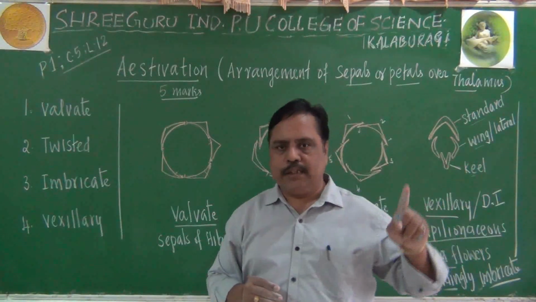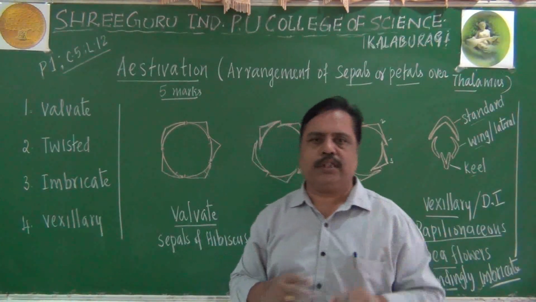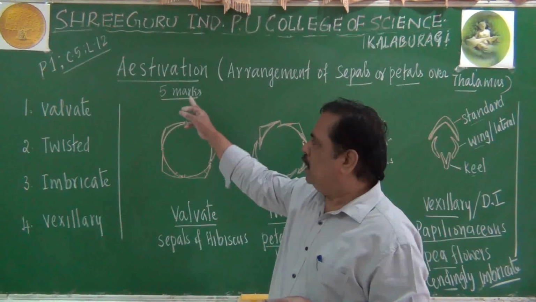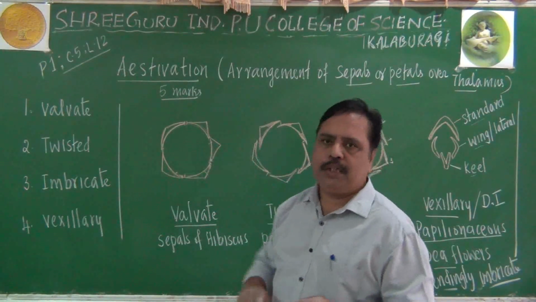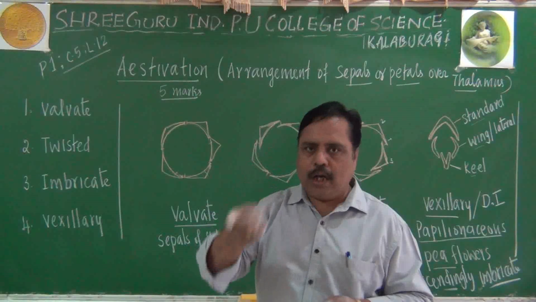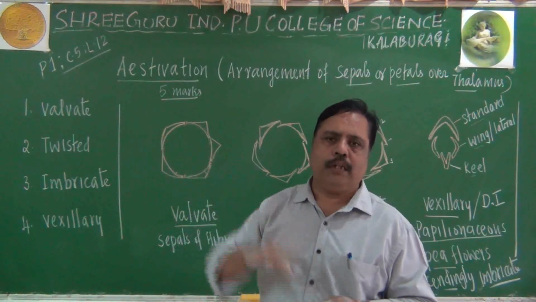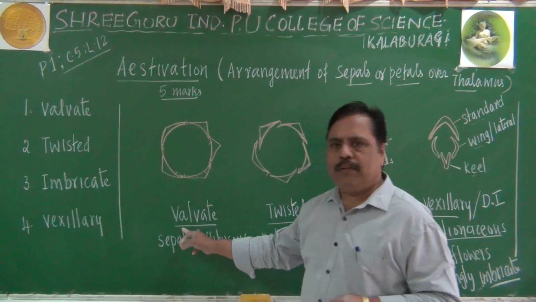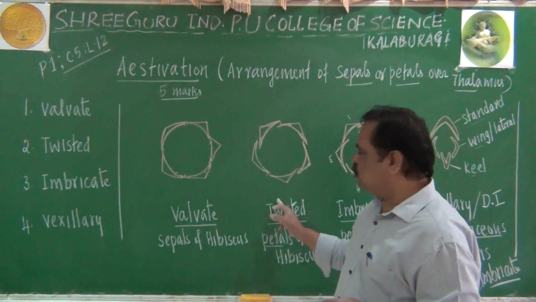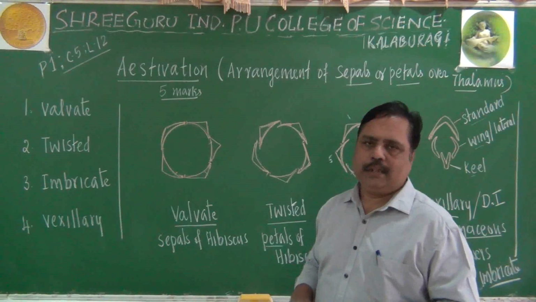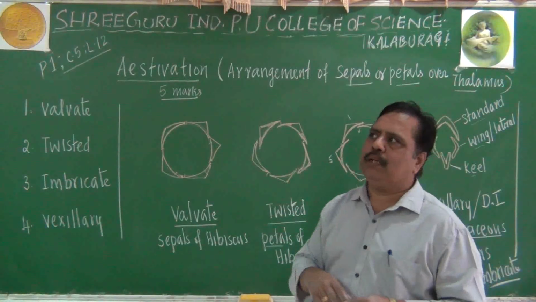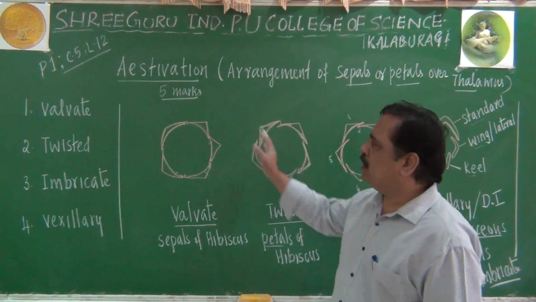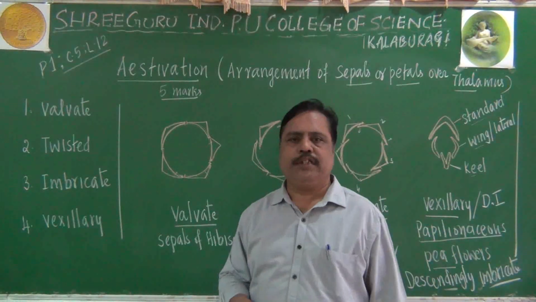Phyllotaxy refers to arrangement of leaves over the stem. Aestivation refers to arrangement of sepals or petals over the thalamus. Don't think that if sepals are valvate, petals should also be valvate. It is not like that. Petals can be of any type. Remember this point.